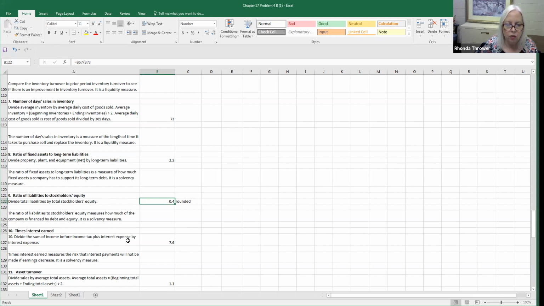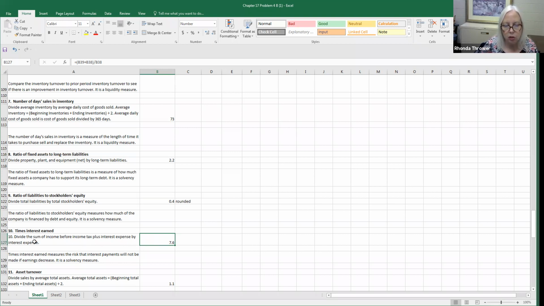And then you're going to divide that total by the interest expense. In 2002, we get 7.6 times that this company would be able to pay back its interest expense.